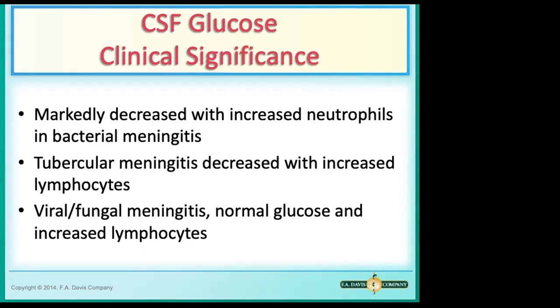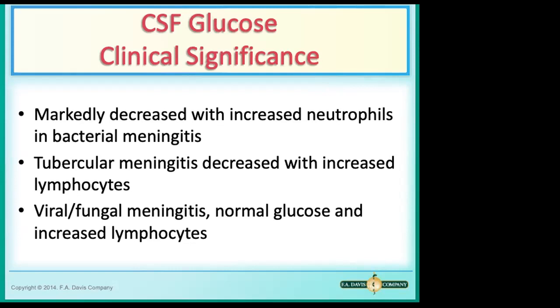When you see lower levels of CSF glucose, that can be a diagnostic tool to determine some of the agents that are causing the meningitis. Markedly decreased levels of glucose with an increased white blood cell count and a large amount of neutrophils indicate bacterial meningitis.